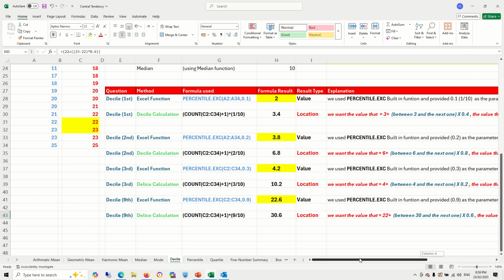So you saw here how we got the decile using Excel and how we got the location of decile using the percentile calculation in statistics, and both of them give the same result as long as we are applying percentile.exe.